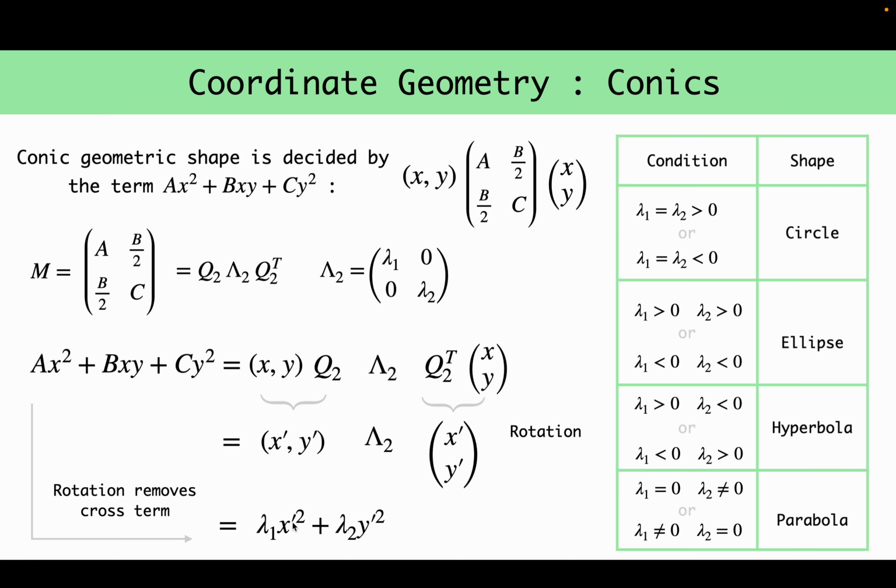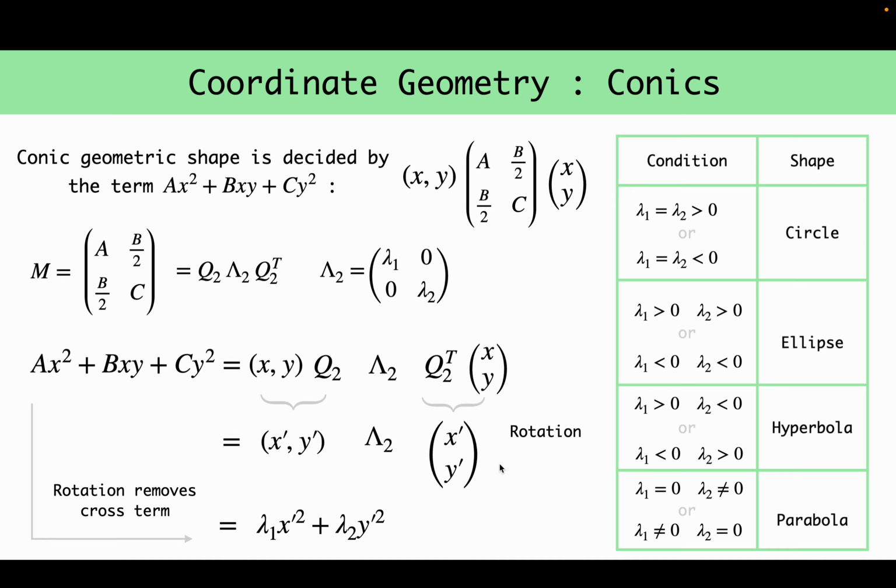So this representation is basically used to show that the eigenvalues can determine the shape of the conic, and it also lets us know that this cross term can be avoided by properly rotating the coordinate system.